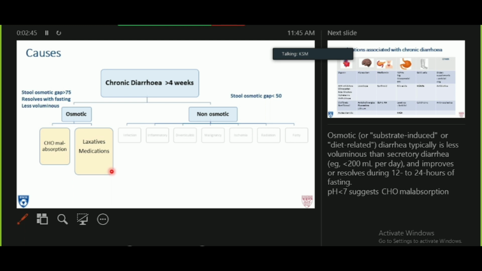The patients tend to have a small volume of stool, less than 200 mils, but if they stop eating for about 24 to 48 hours, then the diarrheal symptoms resolve. Another common reason for osmotic diarrhea is taking various laxatives and also common medications. The non-osmotic diarrhea has more sinister causes, and I'll talk about this in a bit more detail later. These diarrheas tend to be more voluminous, usually more than 200 mils, and they don't necessarily stop with fasting.